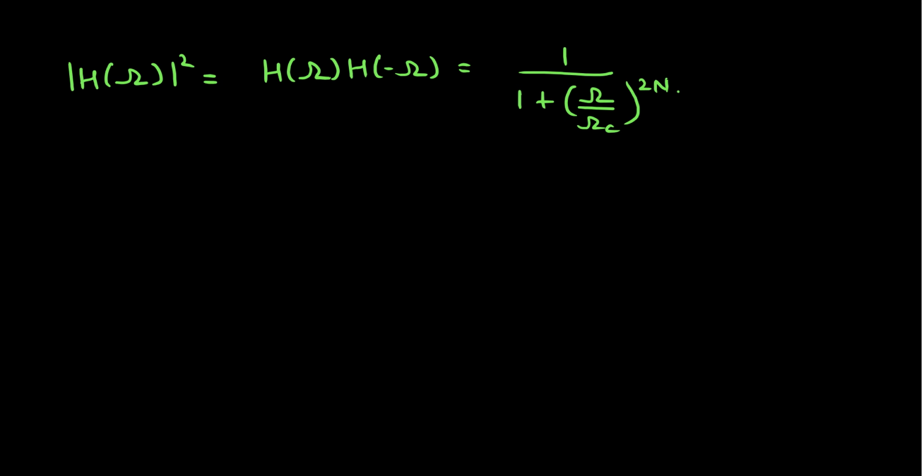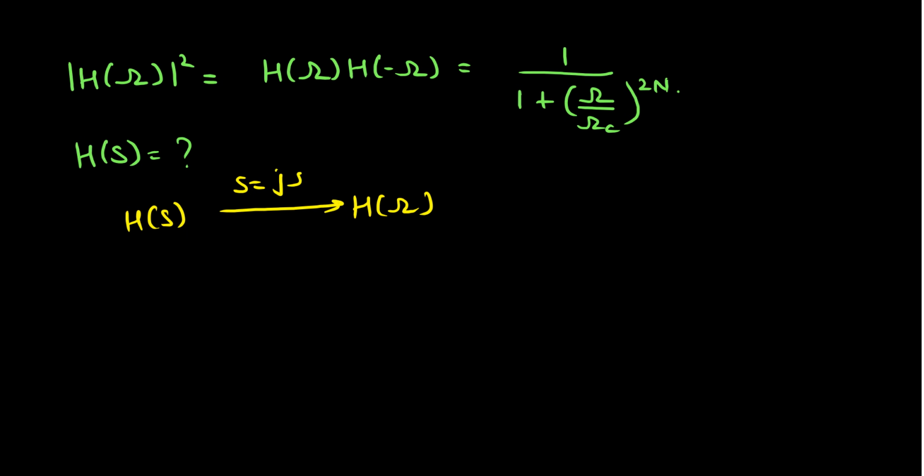Now let us try finding the value of H(s) using this available expression. So when we need to find the value of H(omega) from H(s), we just substitute s equal to j omega. Now suppose we need to come back from H(omega) to H(s), then we need to substitute omega equal to s by j.